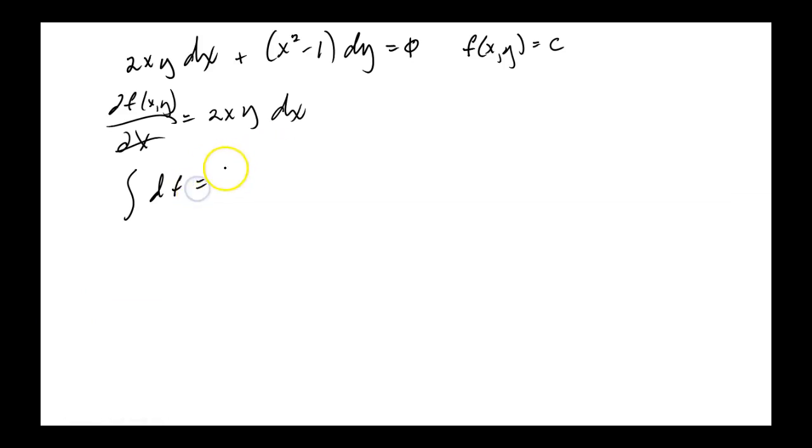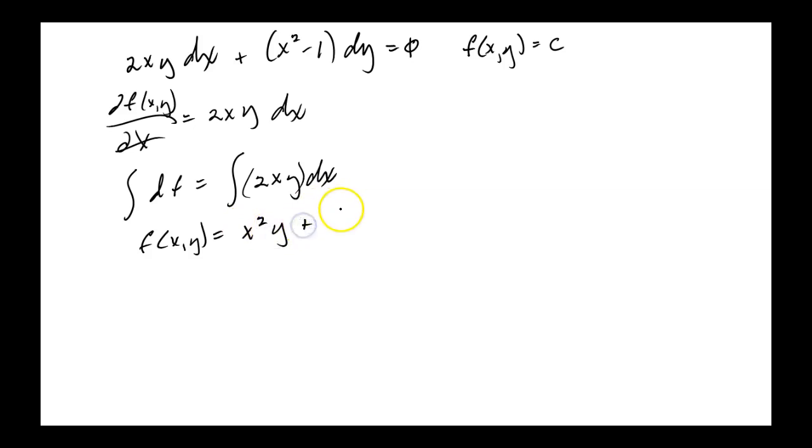And that would be equal to the integral of 2xy dx. So this just gives you f of xy is equal to what? It's the antiderivative of 2xy with respect to x only. x squared y plus g of y, some other function of y alone. No more x's, y alone.